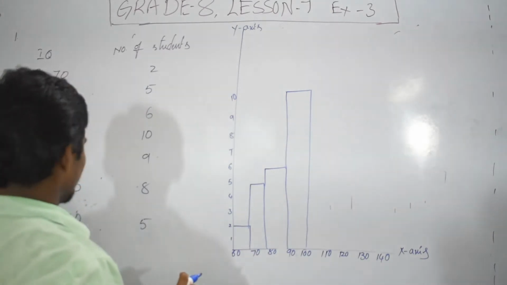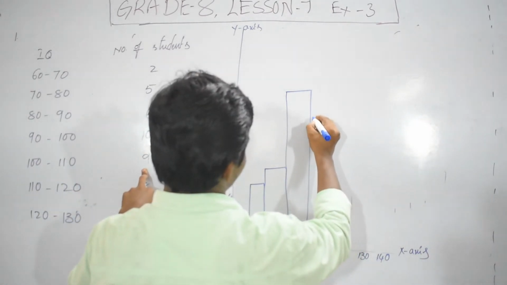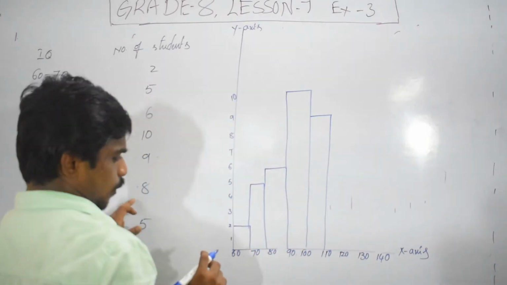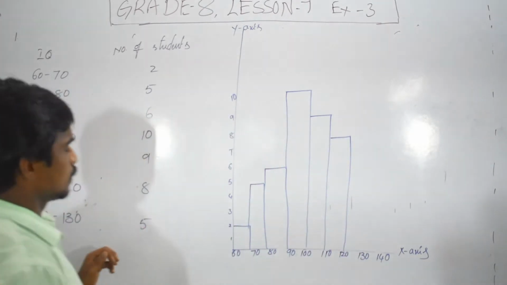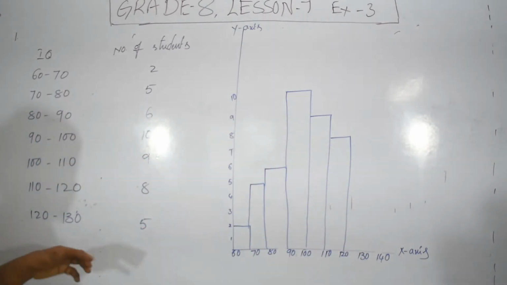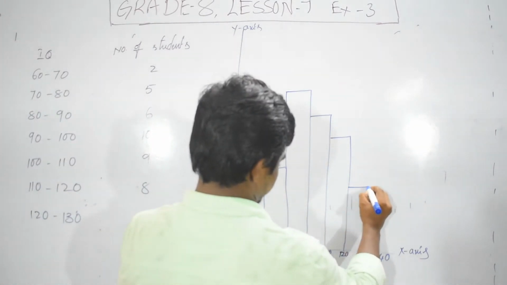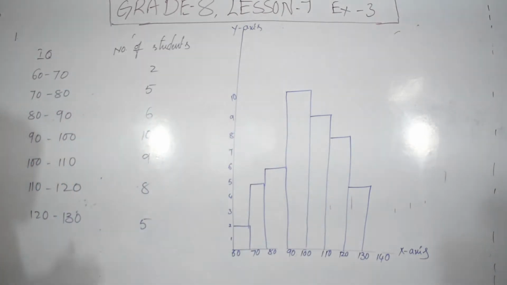Next 100 to 110, 9. 110 to 120, 8. 120 to 130, 5. So this is the first problem. They are asking for a bar graph. Write this one.